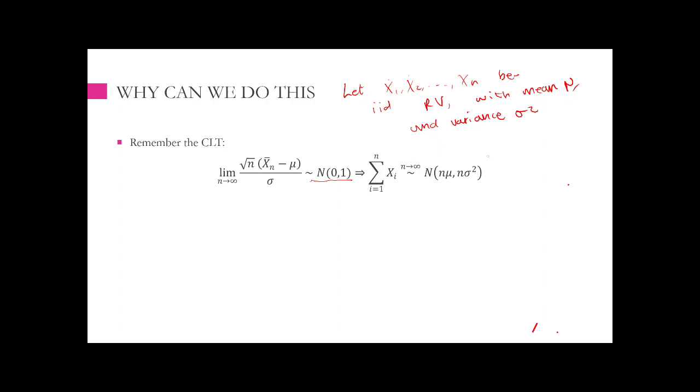But we can think of this as being the approximation part. As n gets larger and larger, our sum of the x's will look like a normal distribution, where the mean is n multiplied by our mean, and the variance is n multiplied by our variance.